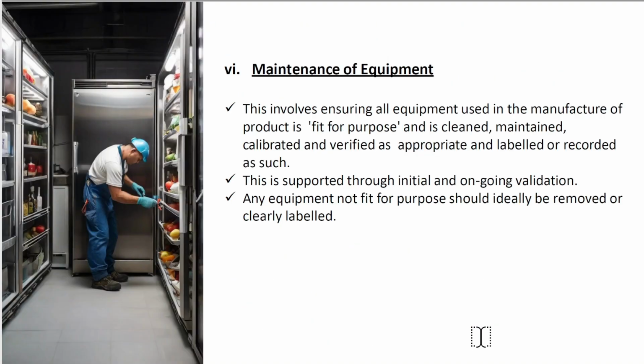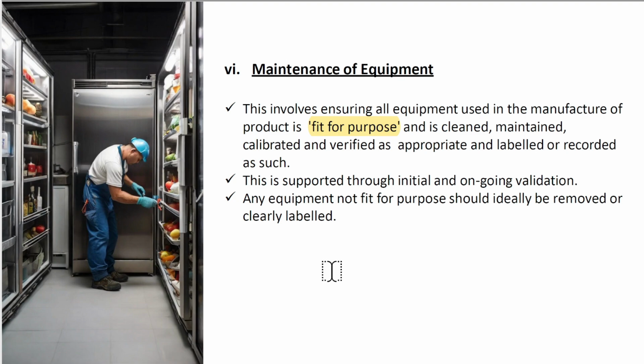And then the next point is maintenance of equipment. This involves ensuring all equipment used in manufacturing is fit for purpose, and is clean, maintained, calibrated and verified as appropriate, and labeled as well as recorded as such.